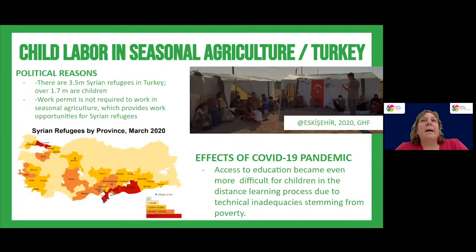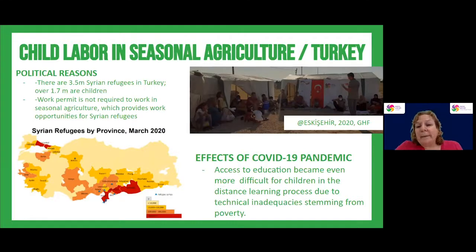Half of them are only in schools. The rest of them are still young or they are not in the education system. So it's very easy for Syrian families to work in seasonal agriculture because they don't need special work permits for them. And there is a need, of course, in the area.